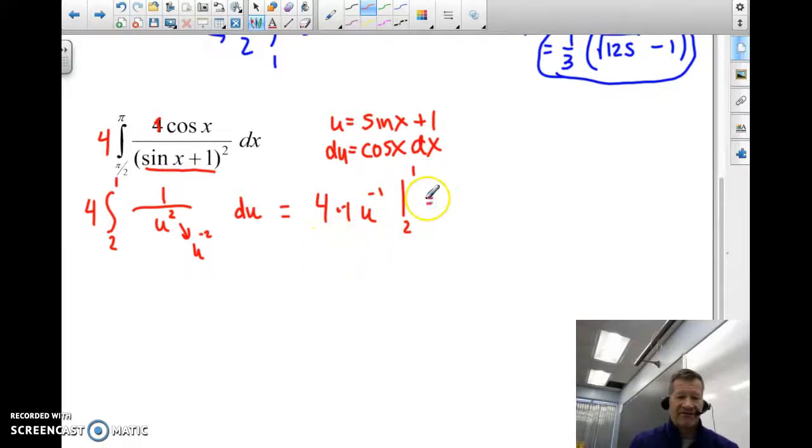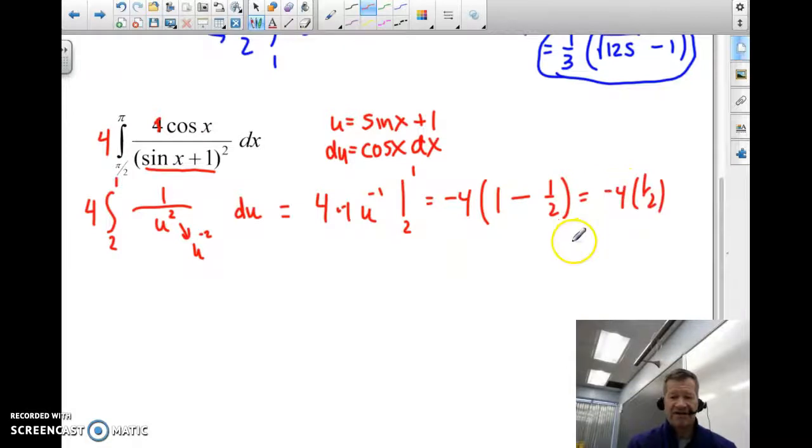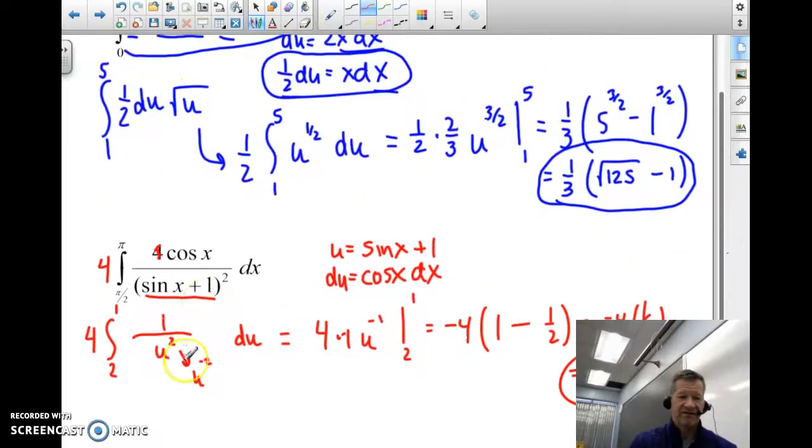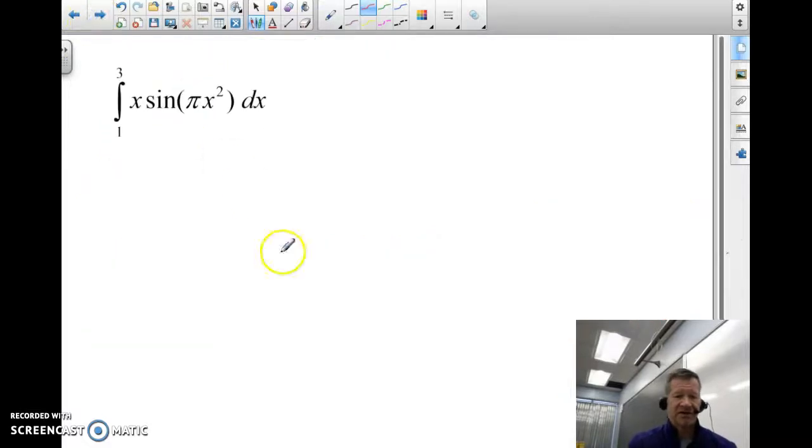So I have -4 times, put 1 in here, 1 to the -1 is 1, minus 2 to the -1 would be 1/2. 1 minus a half is a half. -4 times a half is -2. And I've got my value. And of course, these I can check, by the way, with fnInt, right? Since they're definite integrals, so easy to check with our calculator.